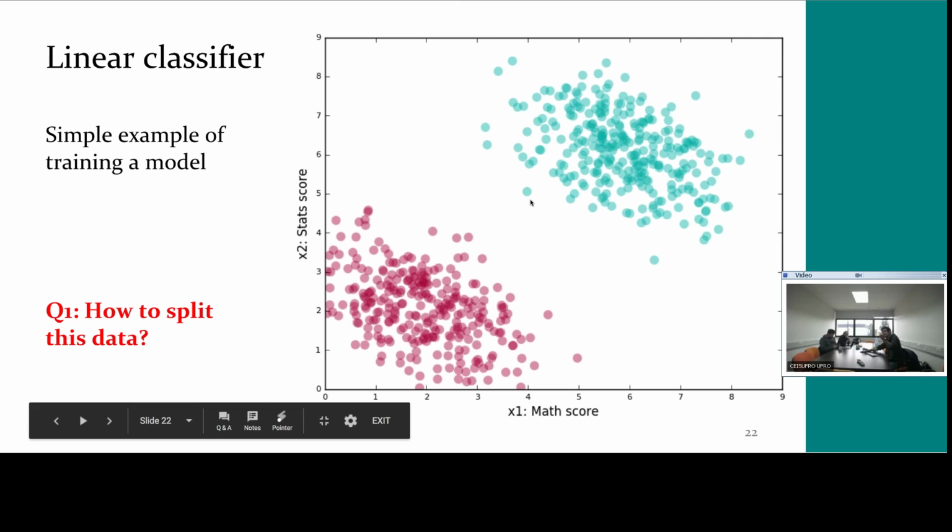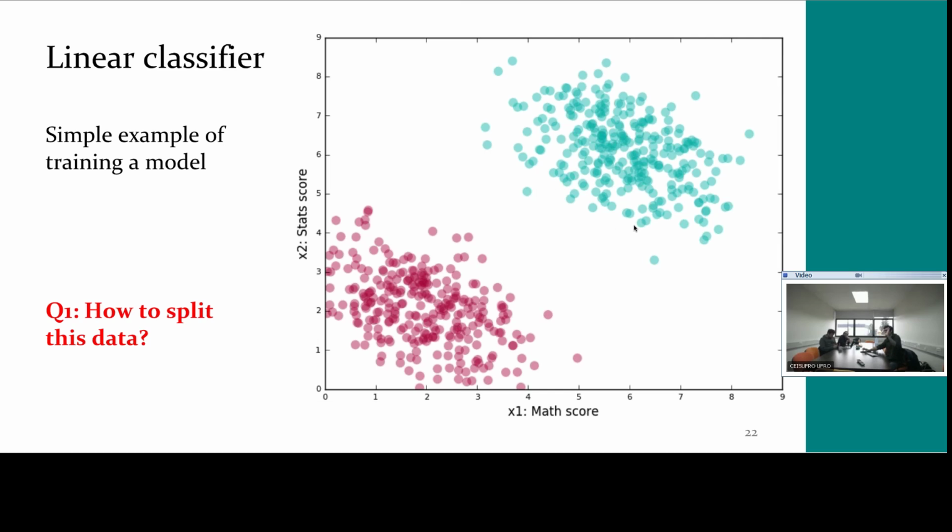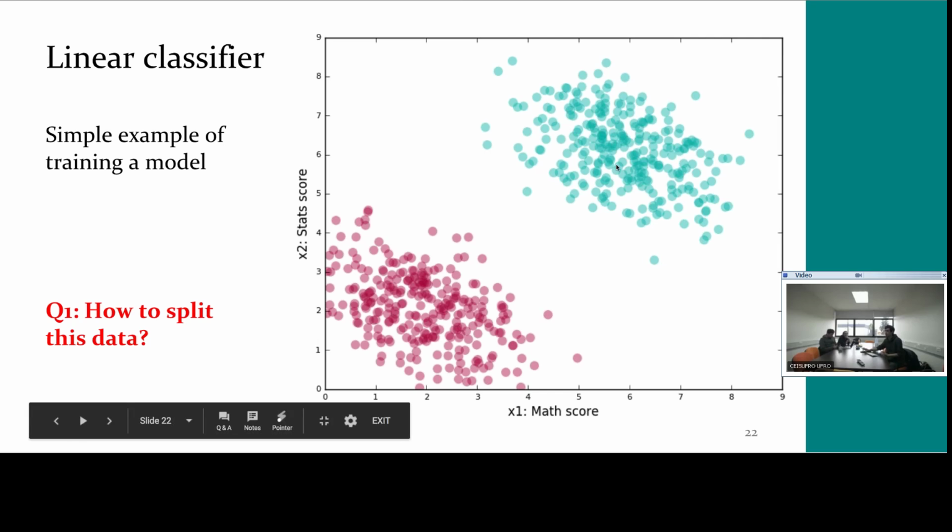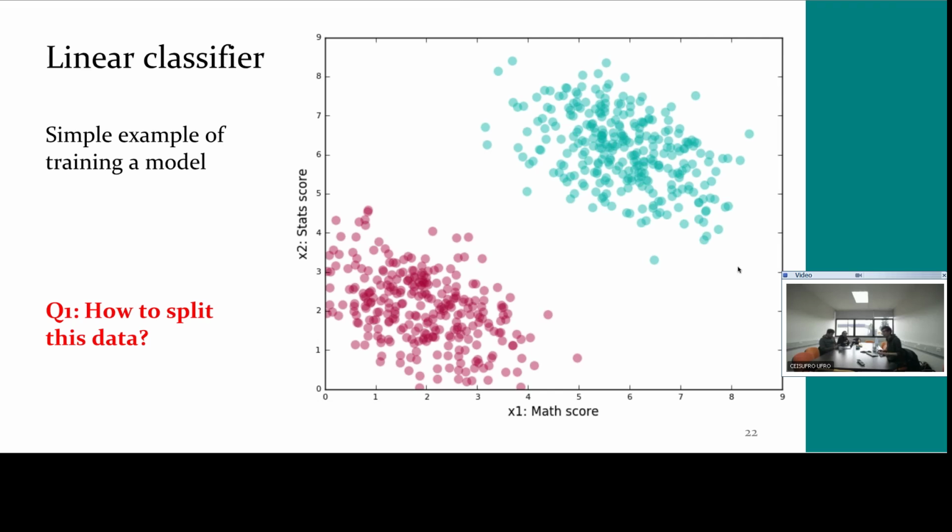And there are other points of students who maybe actually succeeded in the class. This is just an example. So we have this data, and we have 2 classes, red and blue dots. We want to split this data somehow, or we want to figure out a model with this. What would be a possible way to split it? A chance for the virtual students to respond.